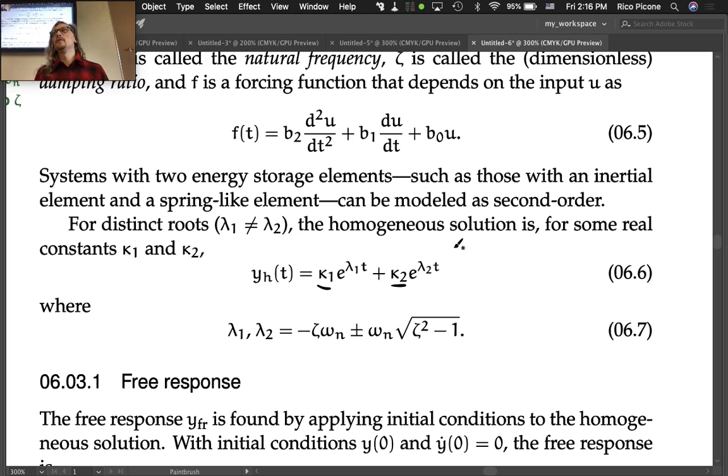If you have a system where all your initial conditions are 0 and you have a non-zero forcing function, then you go on to the next section where there's the forced response. If you've got a mixture of the two, remember we can use superposition to sum them up.